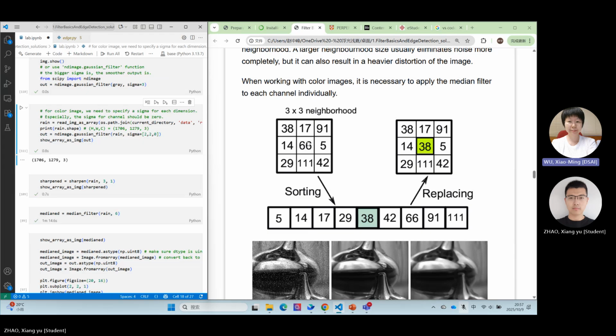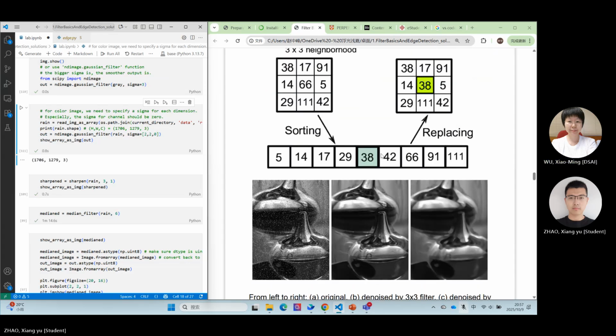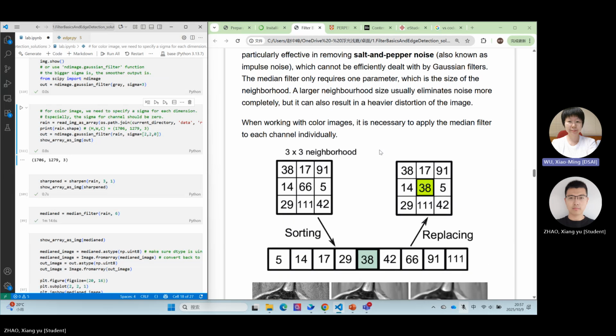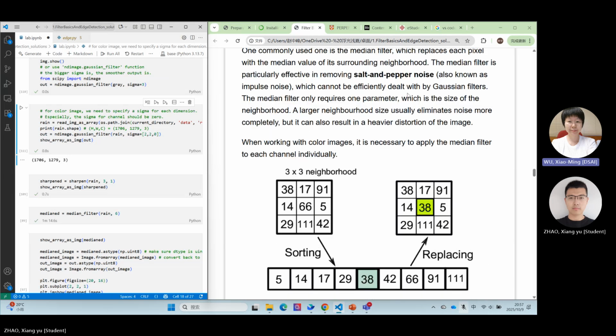Original center point is 66, and we replace it with the median number. The median number is 38. We use the 38, we replace 66 with 38. Okay. By using this operation, we can remove the salt and pepper noise effectively.